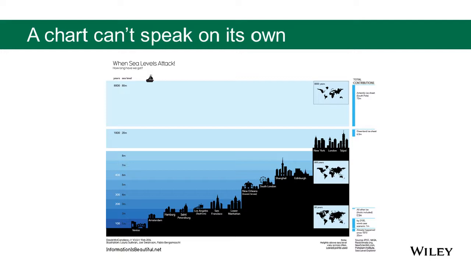And now, here's the chart with the labels added back in. So we can see that it's titled When Sea Levels Attack, and that there are labels for the different cities. So now we can start to assume we're talking about rising sea levels and how long it will take for them to overtake the cities.